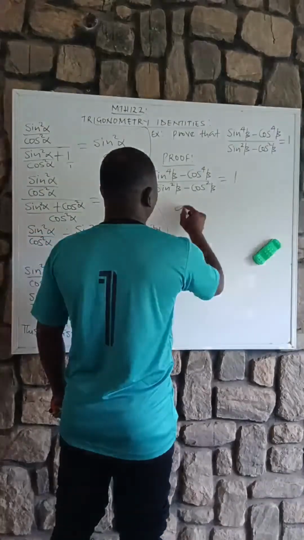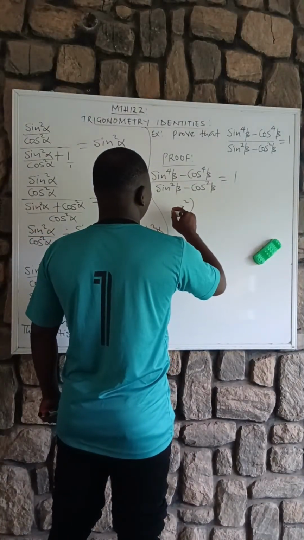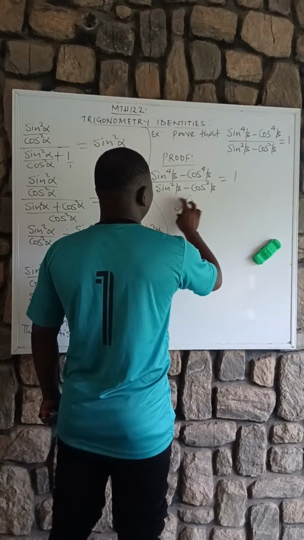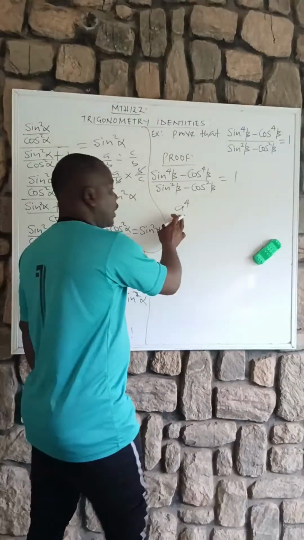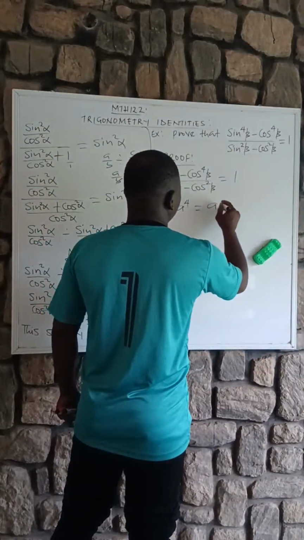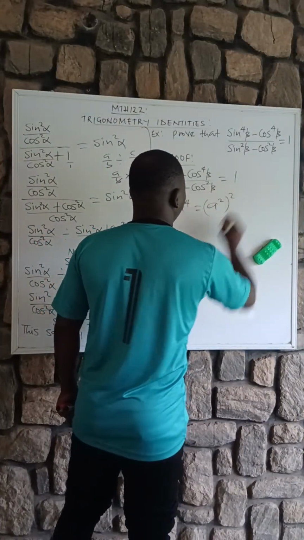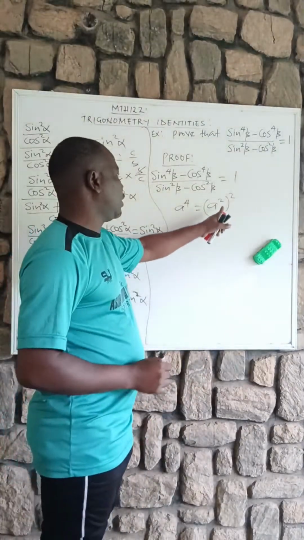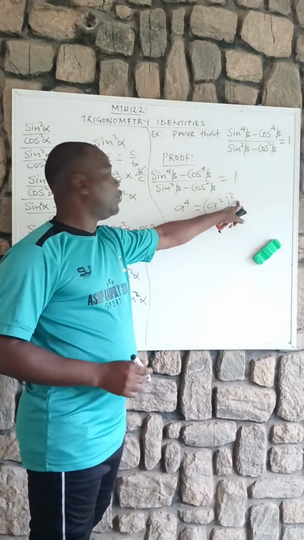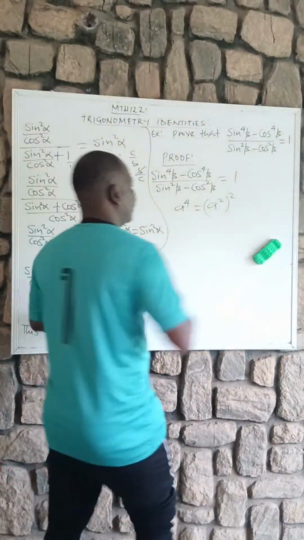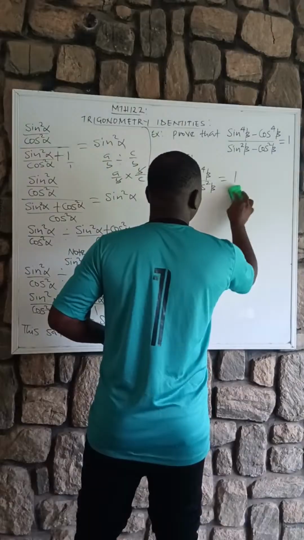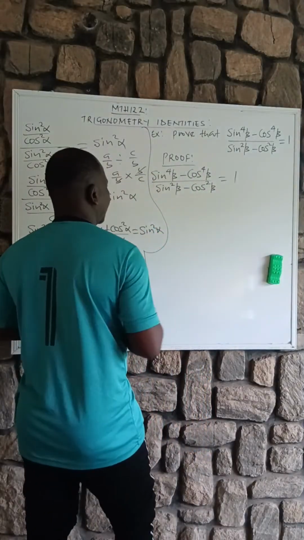If we have a raised to the power 4, we can rewrite this in this form: a raised to the power 2, all in bracket raised to the power 2. Applying the power law, we get back the same thing.